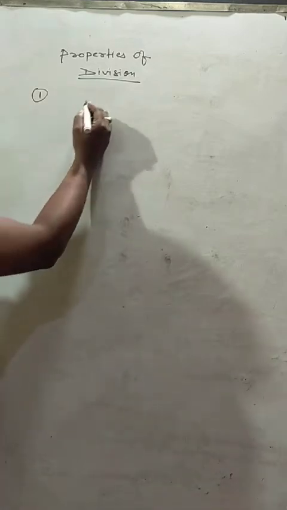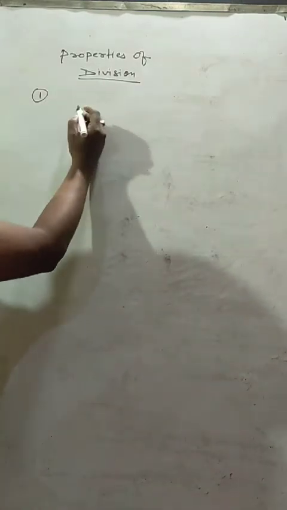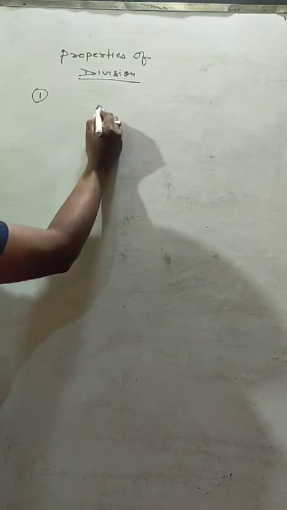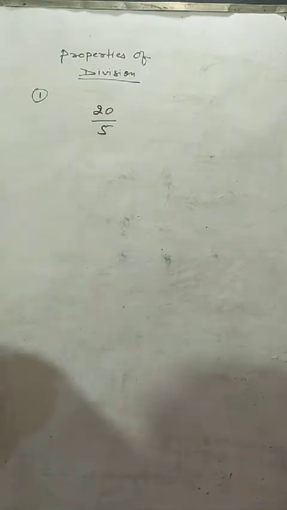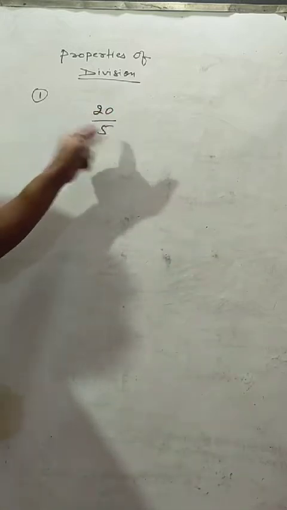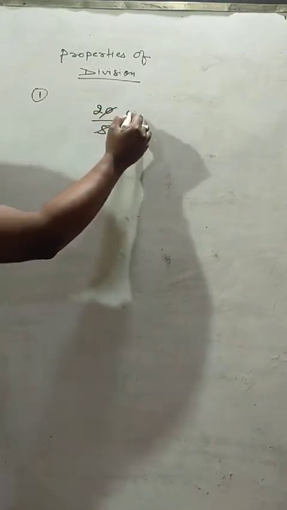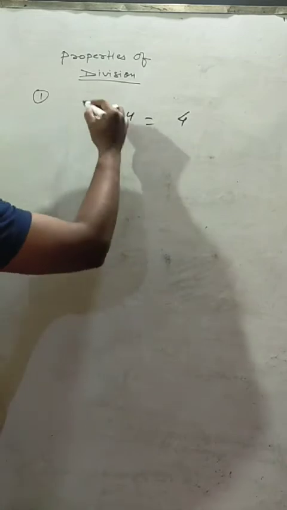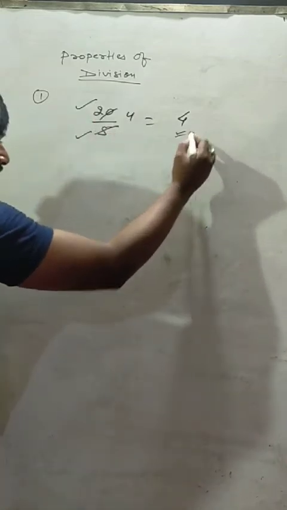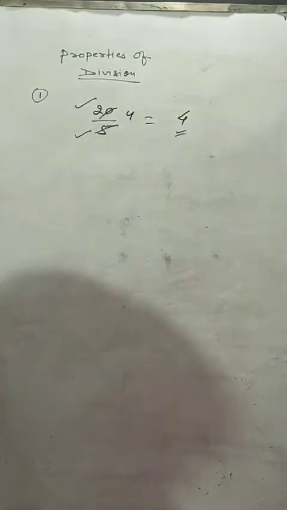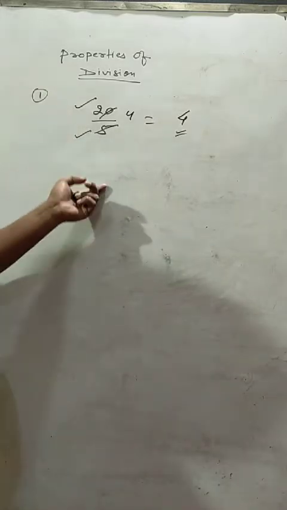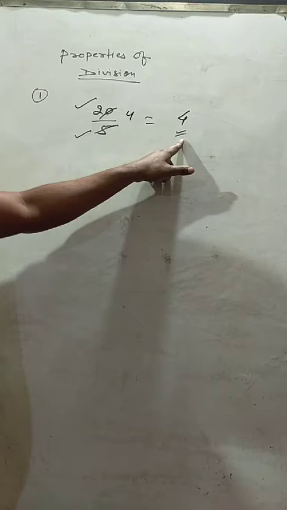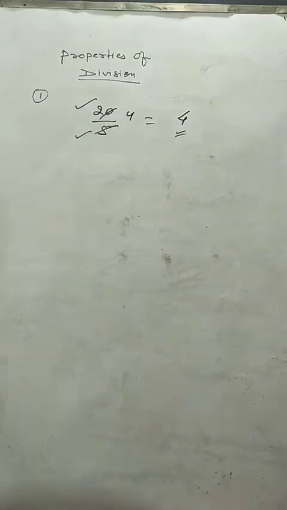Suppose we divide 20 by 5. Since 20 is an integer, 5 is an integer, so 5 times 4 is 20, result is 4. This is an integer, this is an integer, this is also an integer. But it does not mean that if we divide an integer by another integer, the result will always come out as an integer. No, it is not necessary.